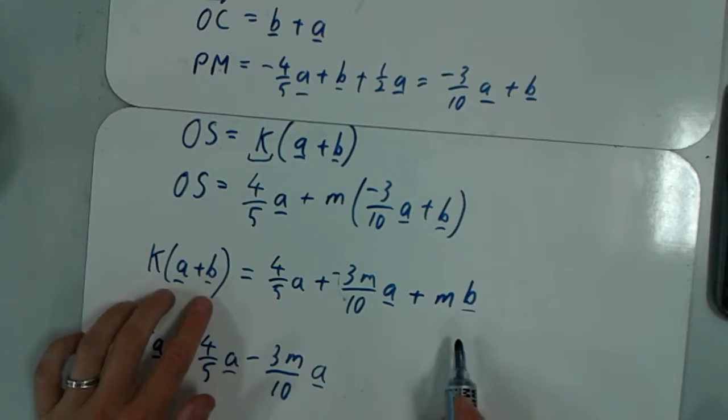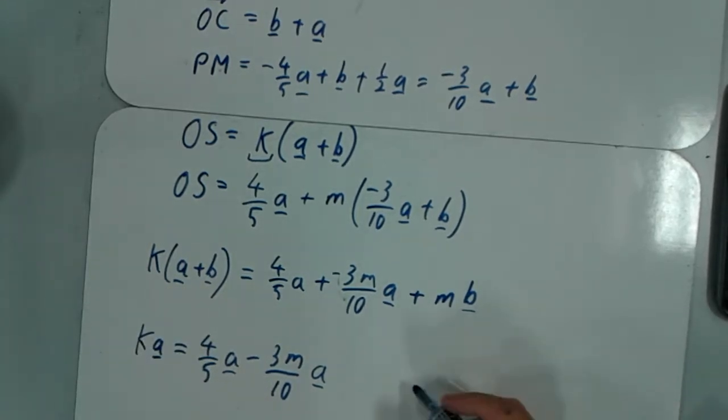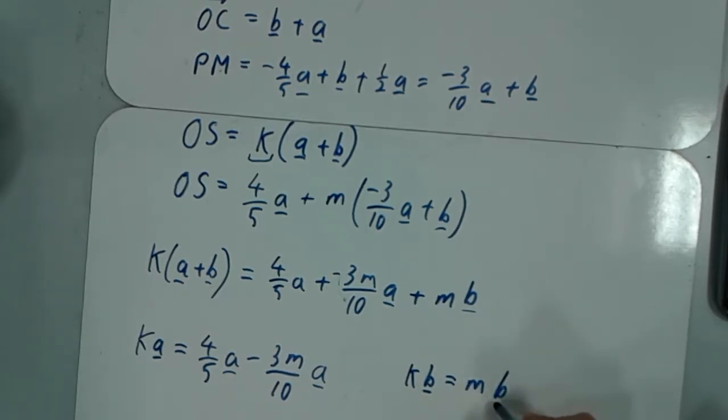Similarly, the B's, the acrosses, must be the same. So I know that kB must equal m lots of B. That's good, because what that's telling me is that k and m must be the same number, because B is the same vector.